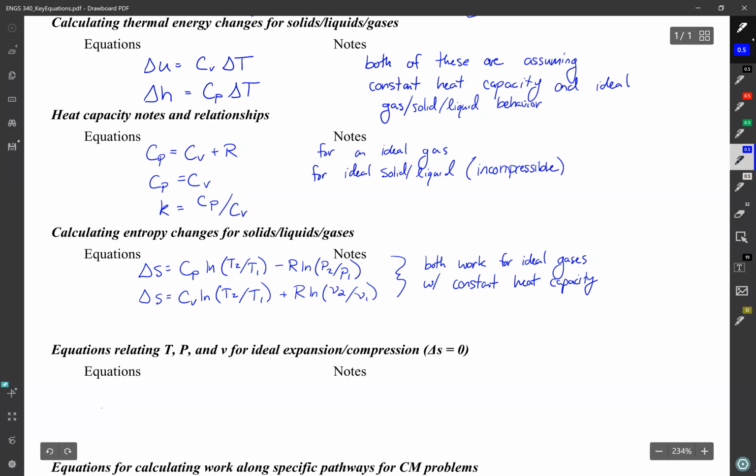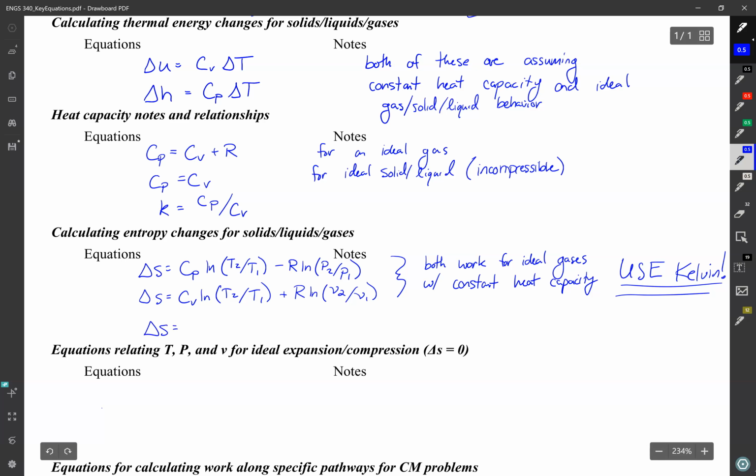A note on this, use Kelvin. When we're dealing with entropy, we have to be using Kelvin. The last equation for entropy is for solids and liquids.